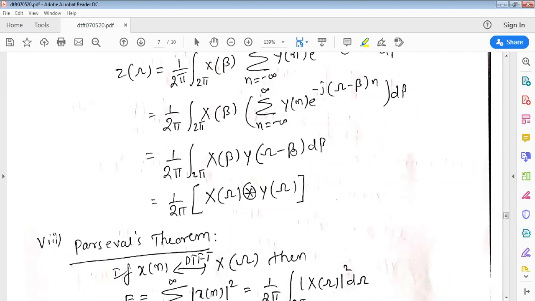Therefore, it should be the convolution of x of omega with y of omega. That's what I want you to know. Understood? It is like x of k into h of n minus k. So once I say x of n convolved with y of n, here instead of n, I have omega. That is the meaning.